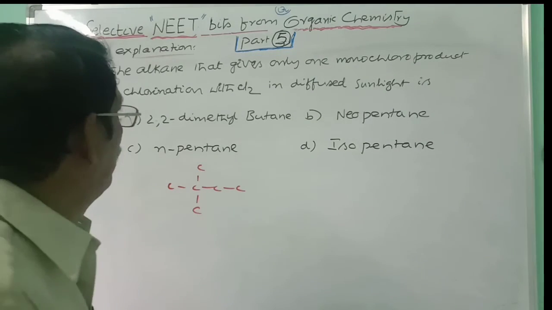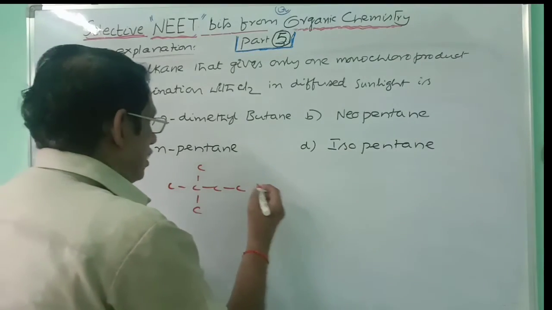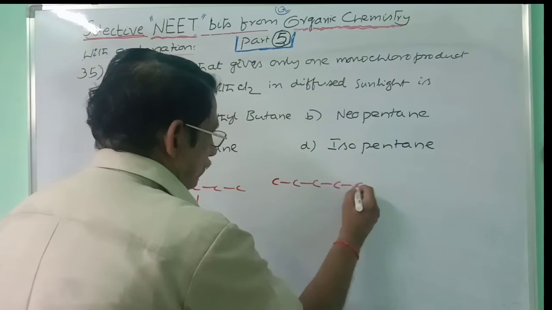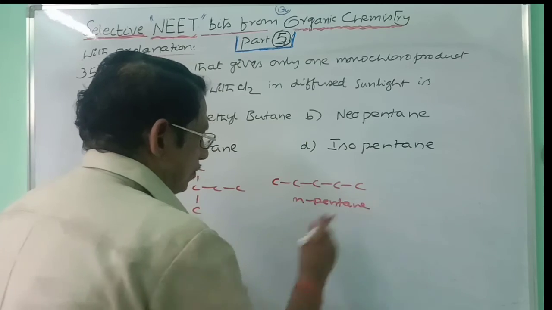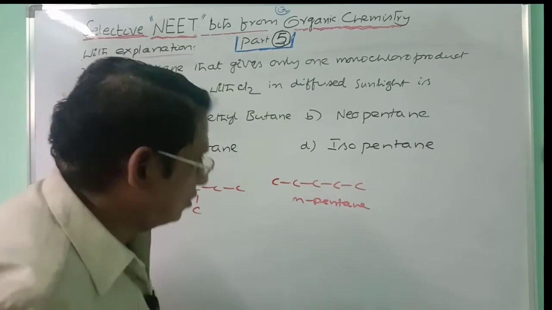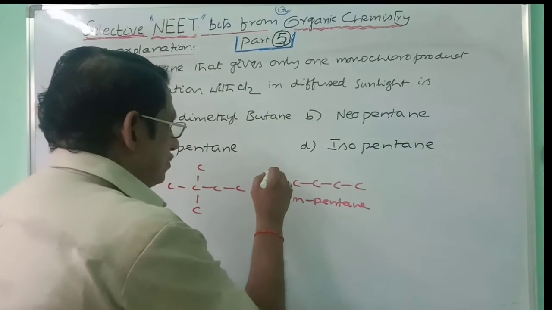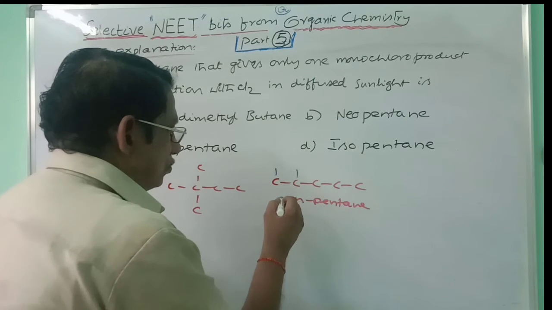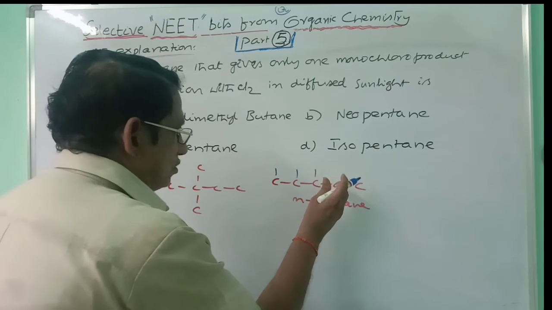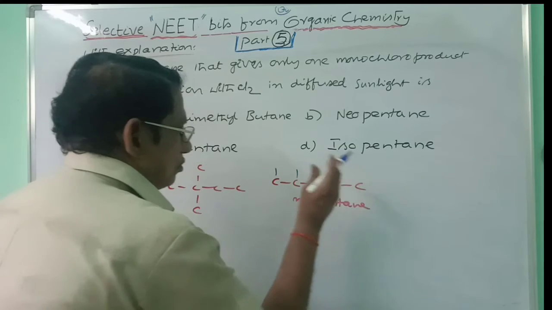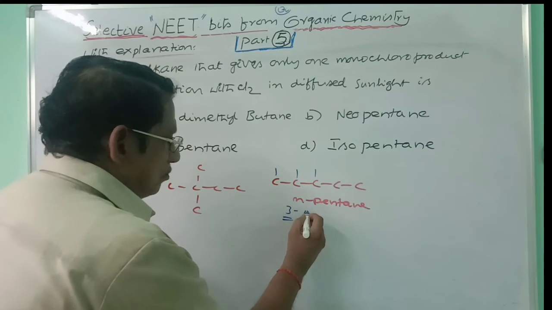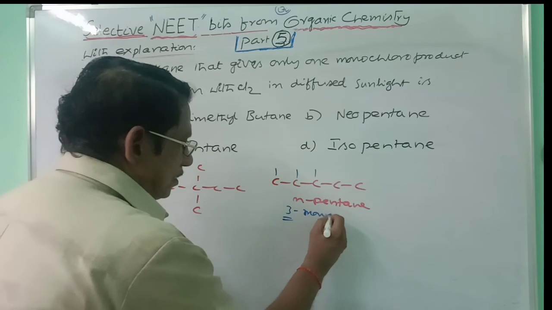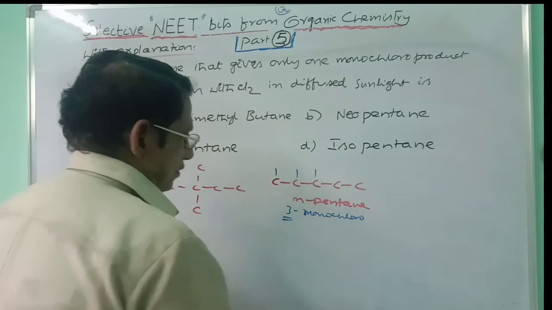On the other hand, if you take normal pentane, 1, 2, 3, 4, 5, this is normal pentane, and here substitution you take, this is 1 chloro, this is 2 chloro, this is 3 chloro, this is 2 chloro, this is 1 chloro. So here 3 monochloro derivatives will be obtained in the case of normal pentane.